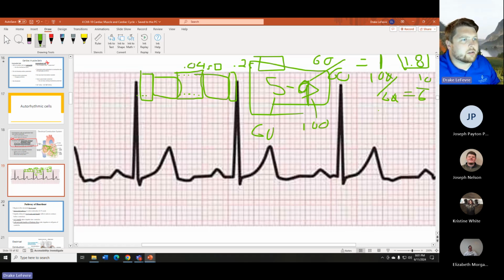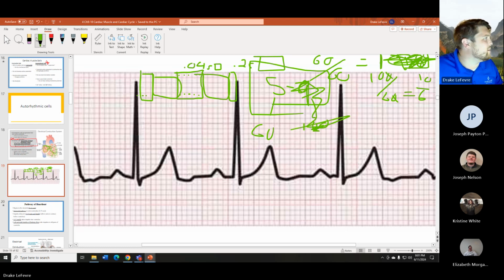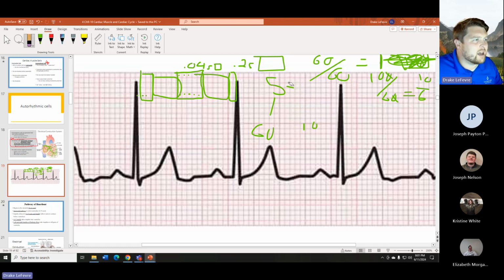I mathed wrong. 1 sec, guys. 60 beats per minute, 100 beats per minute, 1.8. I mathed a little bit wrong. It should be less than this because 100 should be less than. So 5 is the most it can be, and then 100. Sorry, it's been a long day.